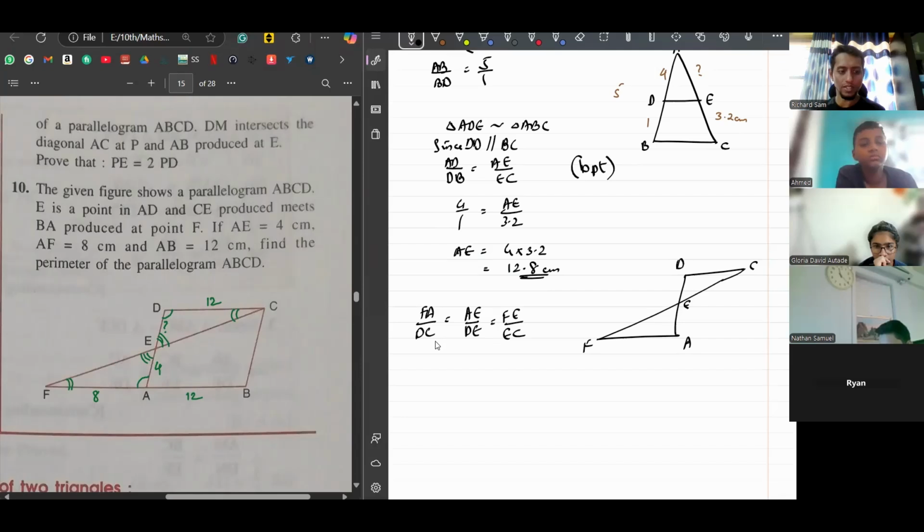So now we take the required sides. Which are the required sides? FA and DC we have. AE we have, DE we have to find. And nothing to do with these two. Where we don't have it, we don't have to find it.